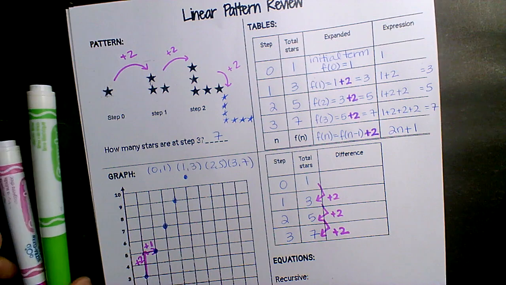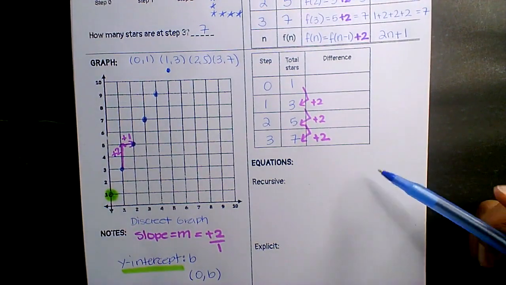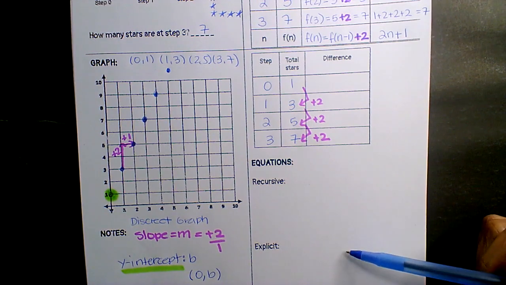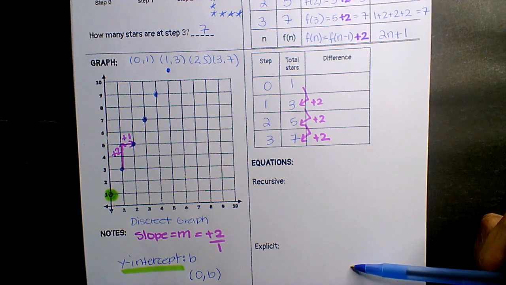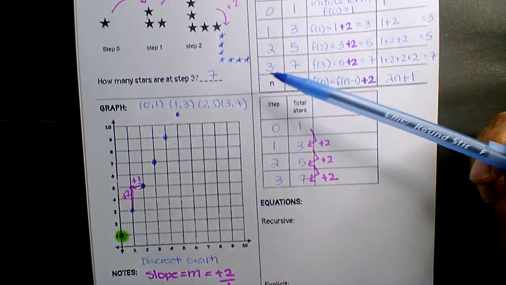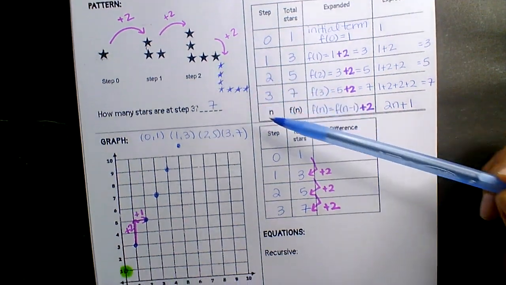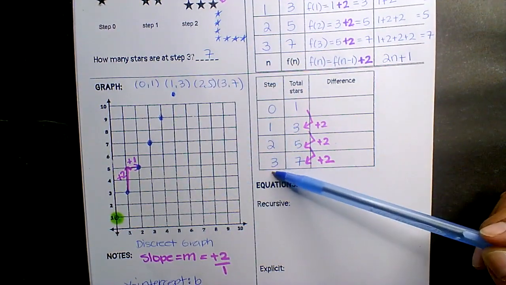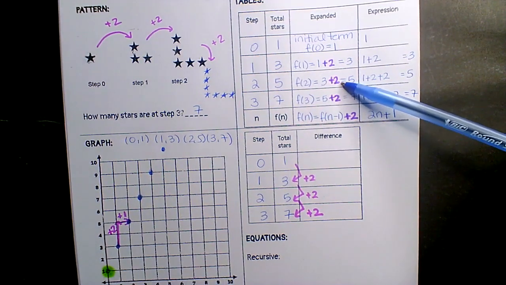With this information, you should be able to write 2 equations. This is the main idea: can you write a recursive or an explicit function or equation given a set of data points? Even though it started off from figures, you should be able to go from here and then everything down below. Up here is more just getting you to figure out what we're doing, okay?